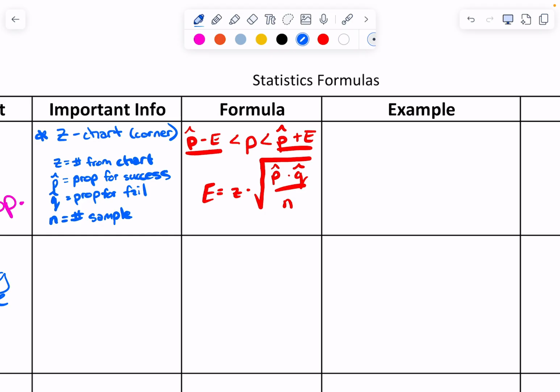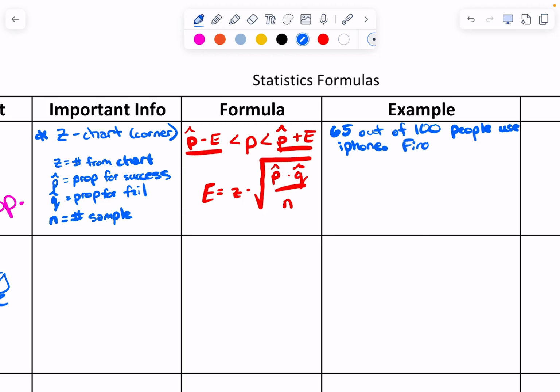Do we think iPhone, is that more than 50%, less than 50%? More than 50% use iPhone? Okay. 65 out of 100 people use iPhone.